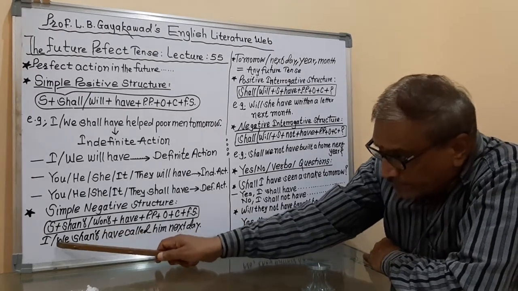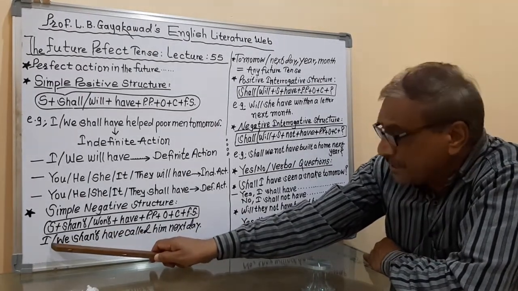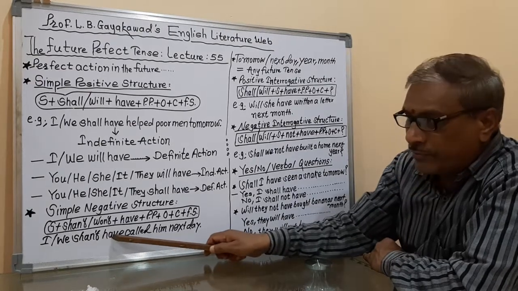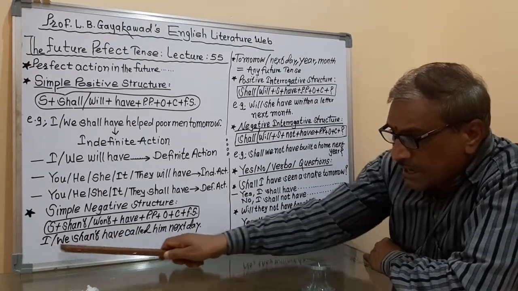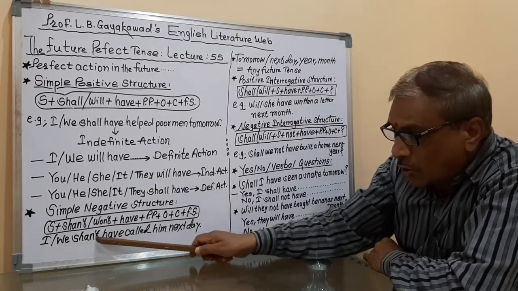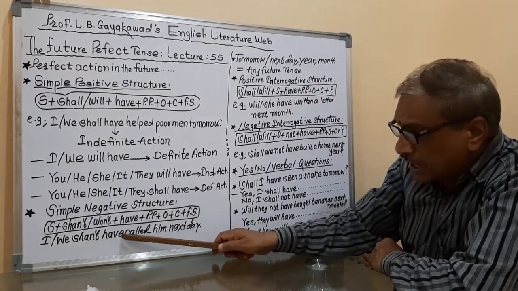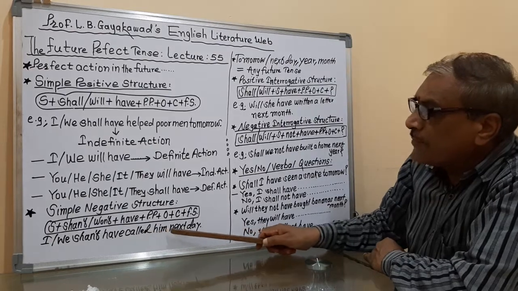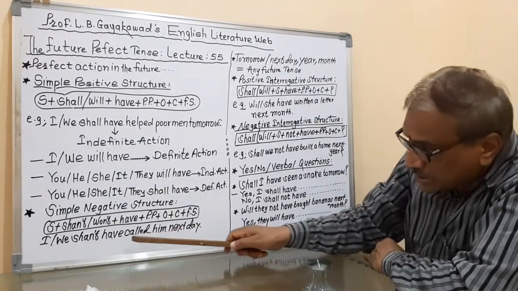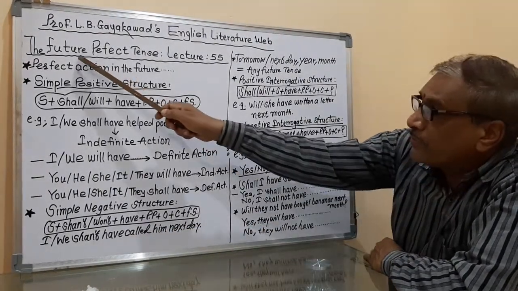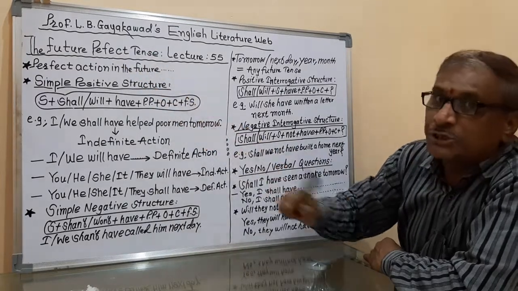So the example is: I shan't have, means I shall not have. I shall not have called him next day. So this is a future perfect tense action.